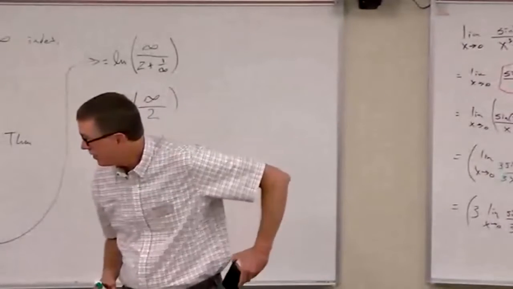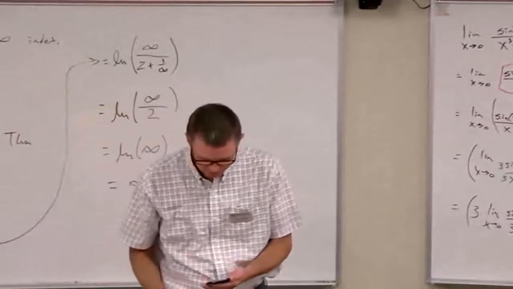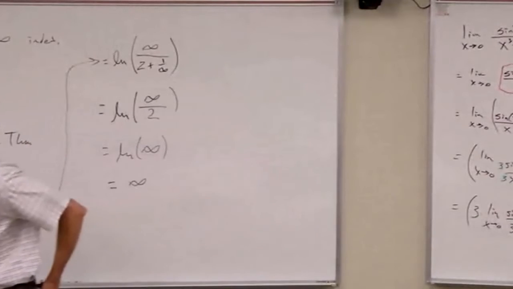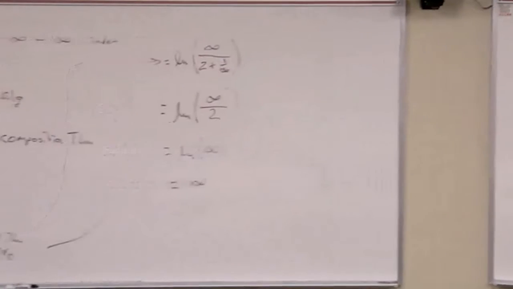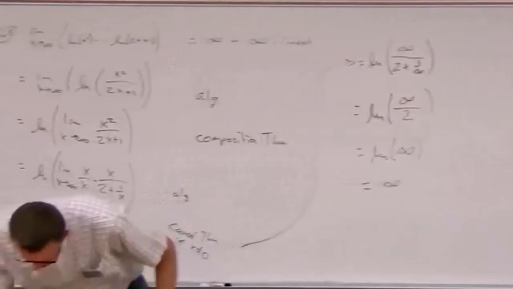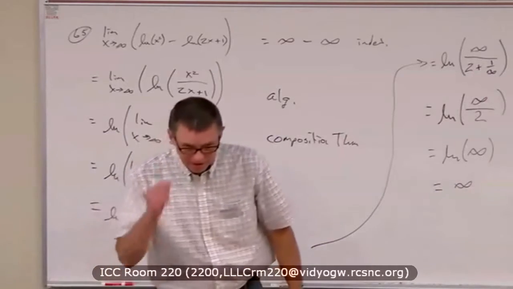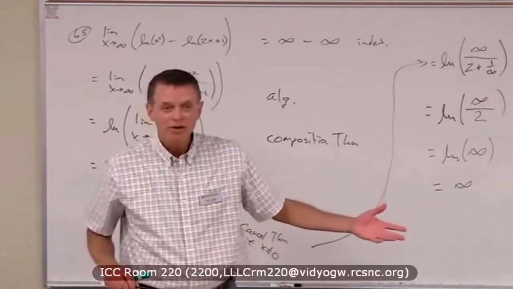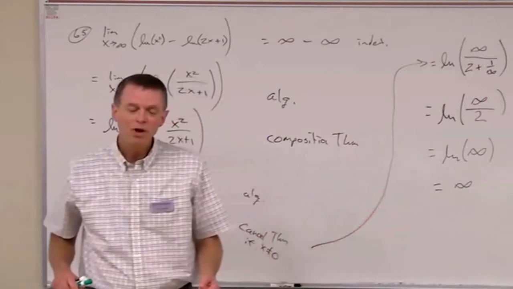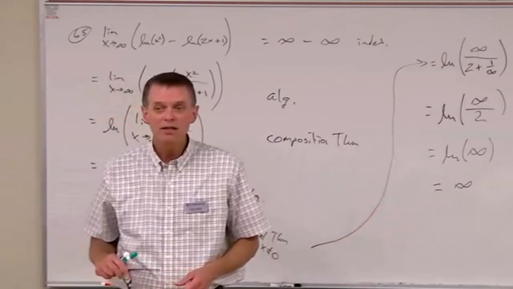I have one last problem, I think, on the list, 73. We're out of time, so let me just mention it to you real quick. On 73, it's going to be similar to what we just went through. Cosecant, remember cosecant is 1 over sine?